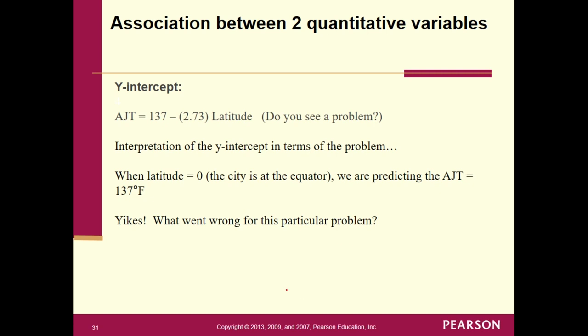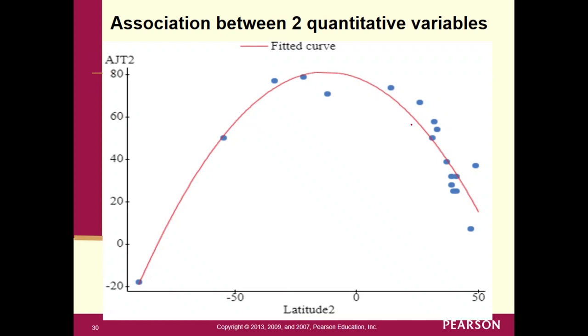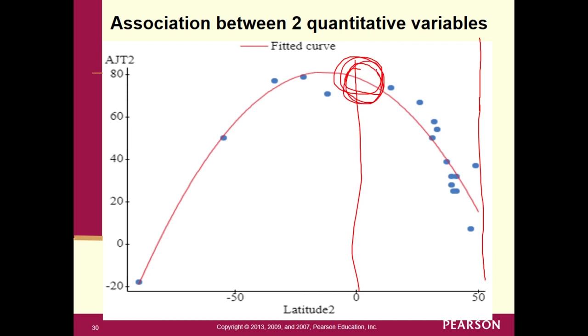So if we went back and threw in data around the value of 0 and extended our analysis past, say, the United States into South America, we could go ahead and make a valid interpretation of the y-intercept in that situation, because we would have values around what? 0, all right?